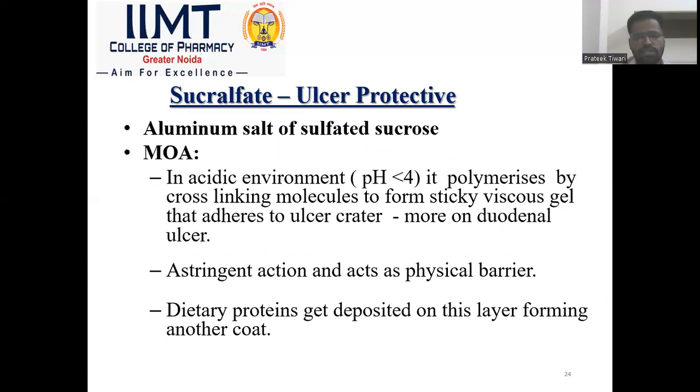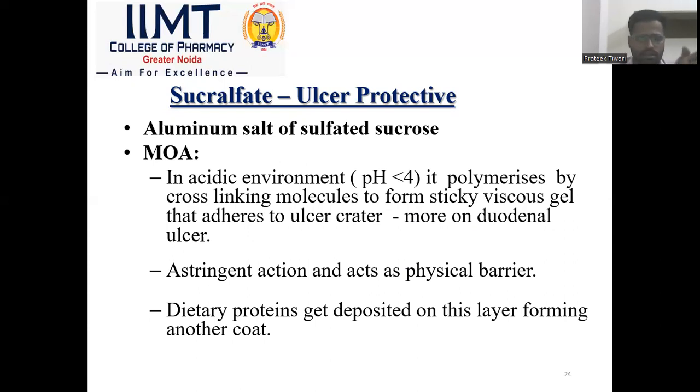The mechanism of action: in an acidic environment, it forms a cross-linked molecule, a sticky viscous gel, and then it adheres to the ulcer crater, more so in duodenal ulcer. It has an astringent action and acts as a physical barrier because it forms a layer.